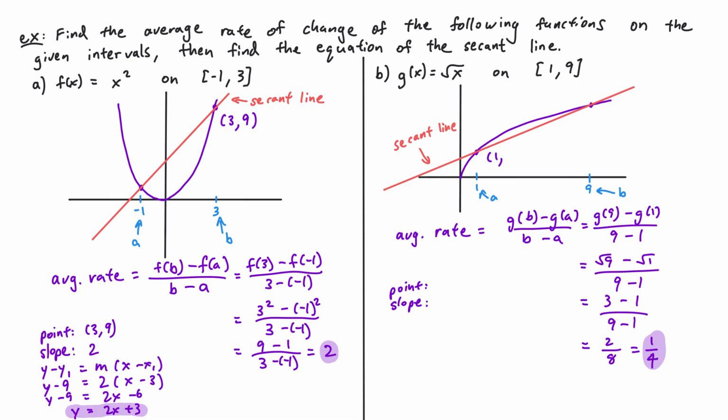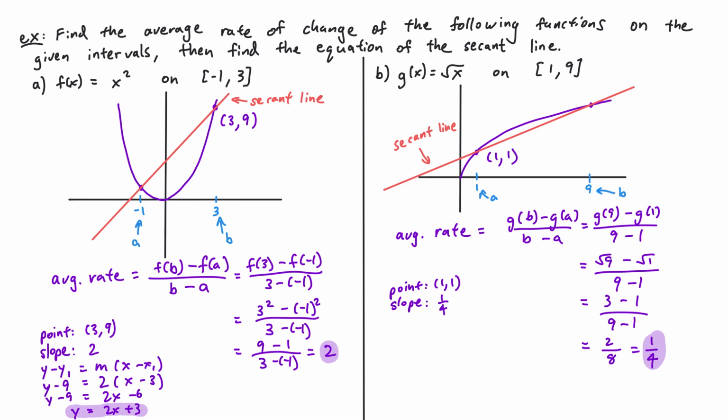The corresponding y-coordinate would be the output of my function when I input 1. So plugging 1 into the square root function, we get square root of 1, which is also 1. So our point here has coordinates (1, 1). The slope of our secant line is what we found for our average rate. It's going to be 1/4.